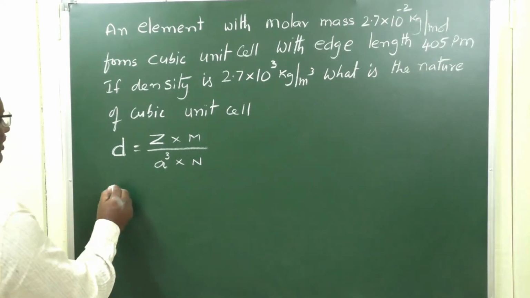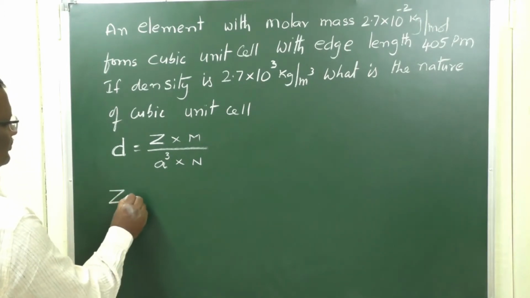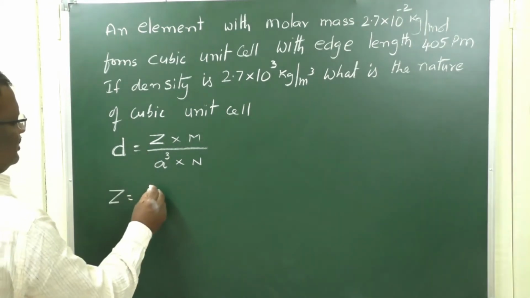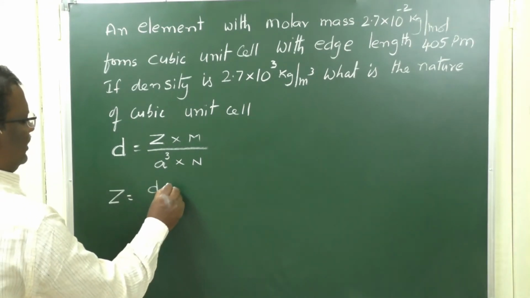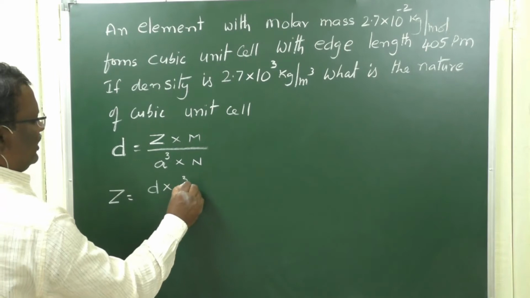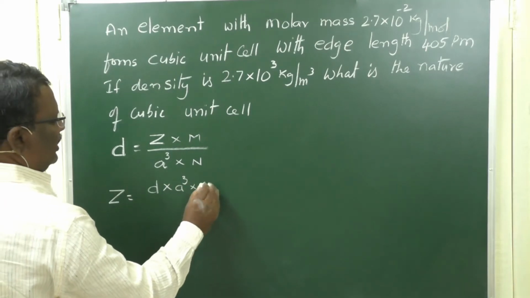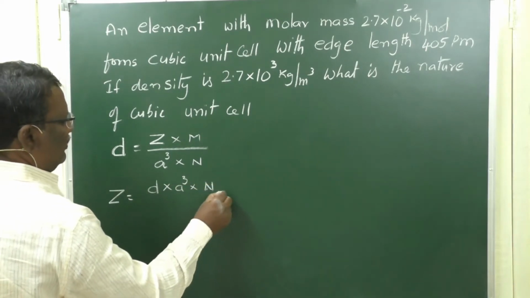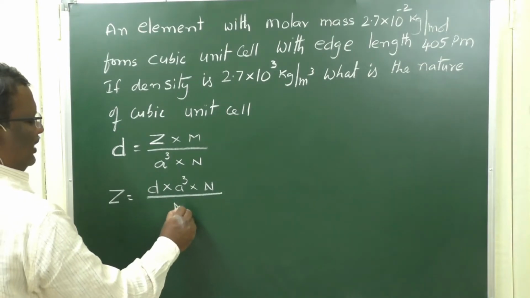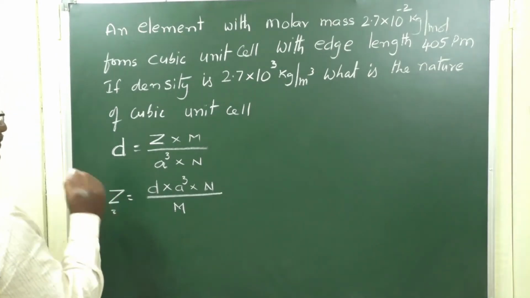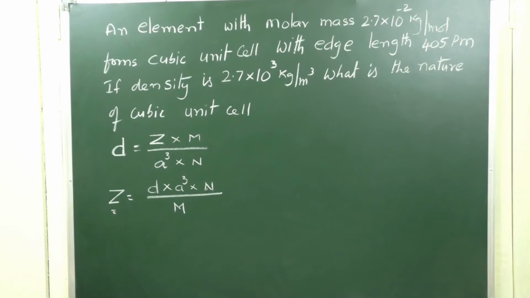So Z is equal to D into A cube into Avogadro number by molar mass, which gives us the number of atoms.